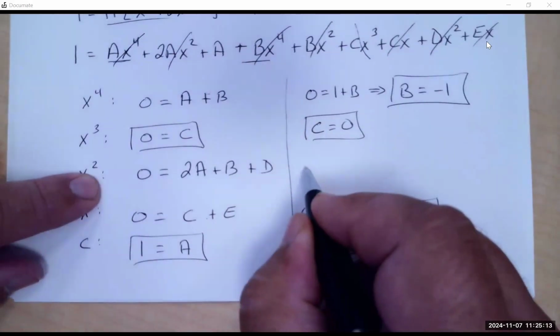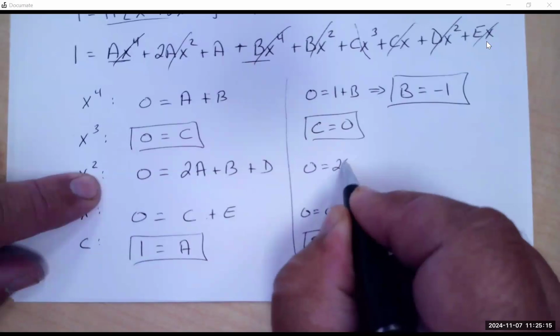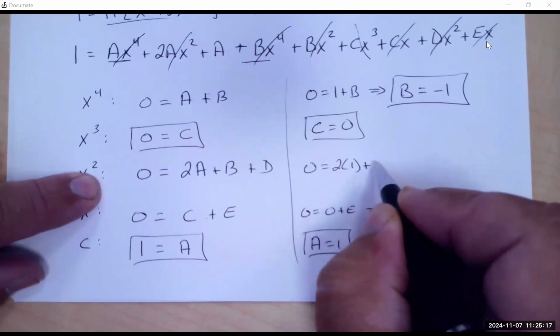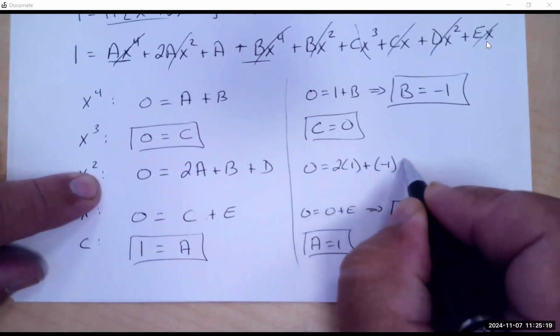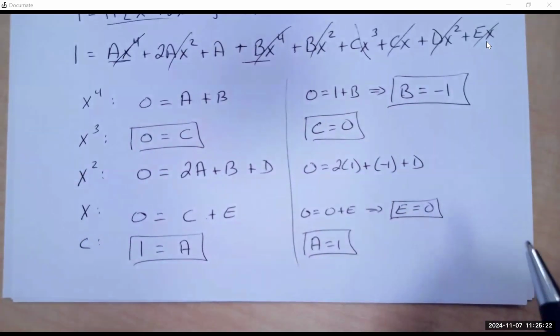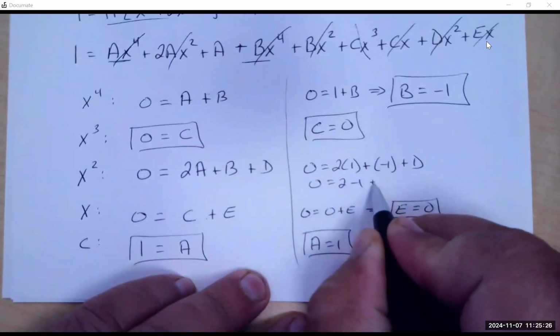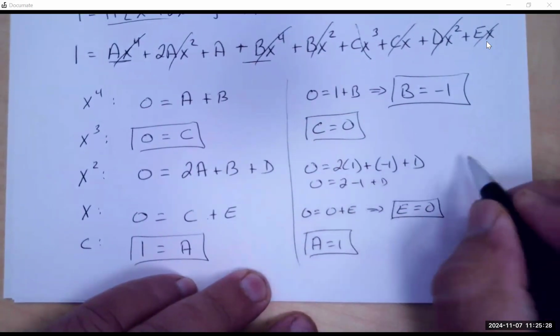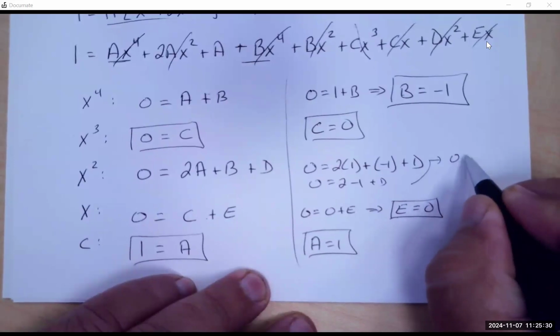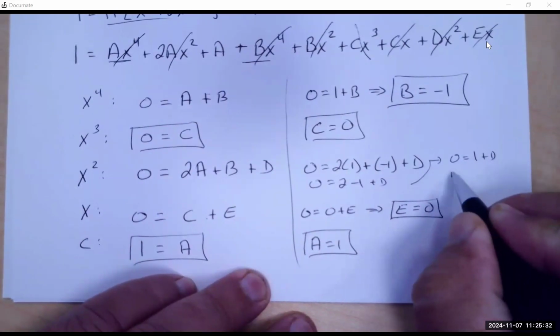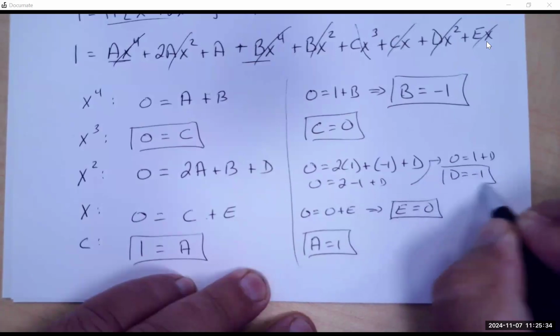So D is equal to 2 times 1 plus -1 plus D. 2 minus 1 plus D. So 0 equals 1 plus D. D is equal to -1.